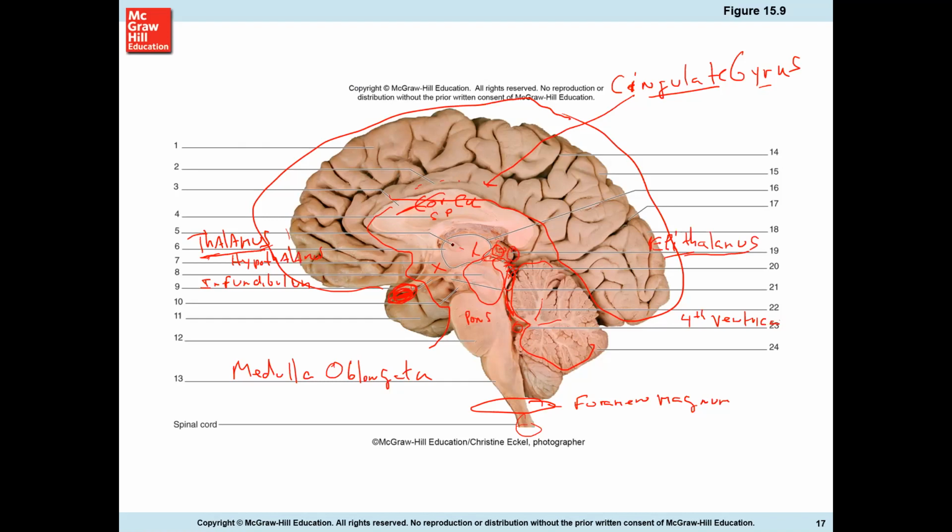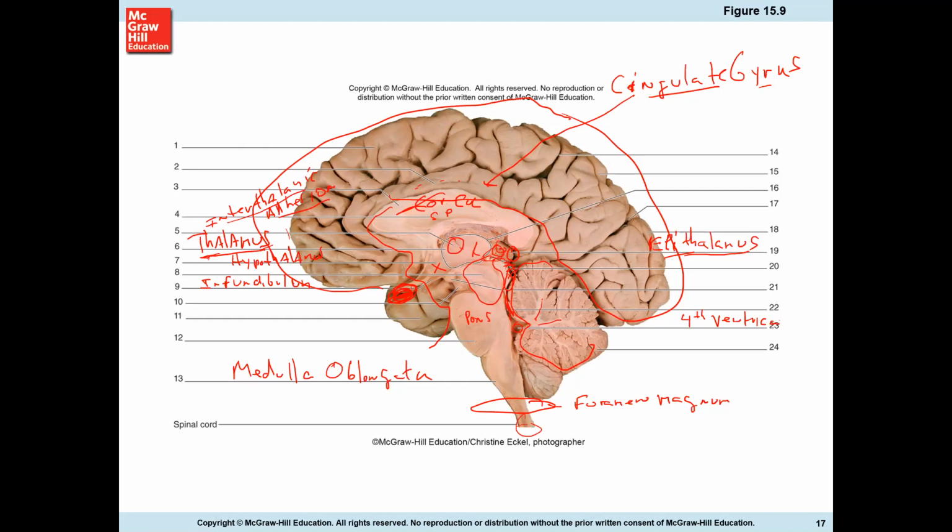And you see this little bump, but it's a connection. So I call it the interthalamic adhesion. It might have different names, but it's between the thalamus. It's a connection of the two sides of the thalamus. That's all that is, a connection. It's not just connective tissue. It's nerve fibers.